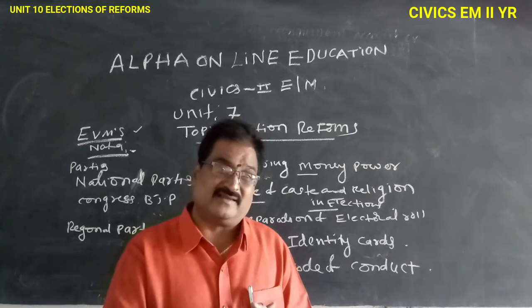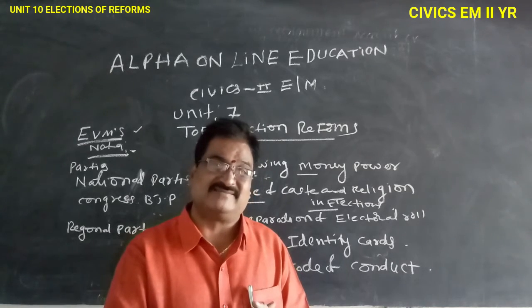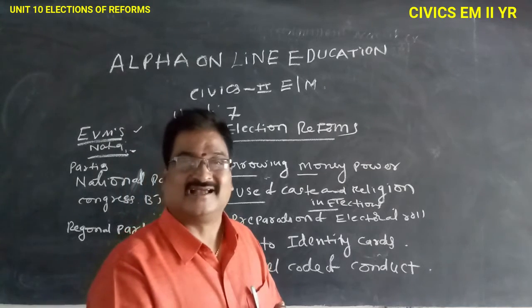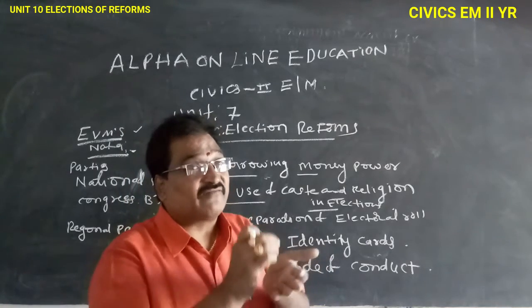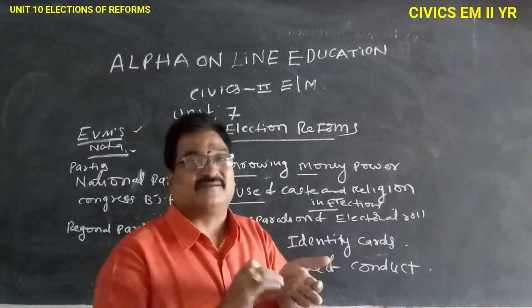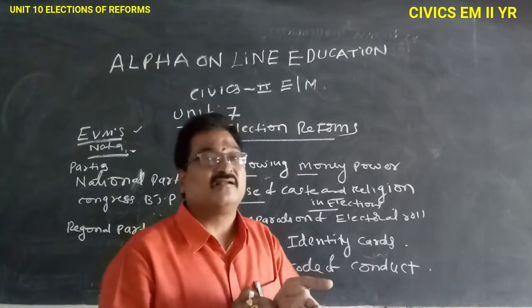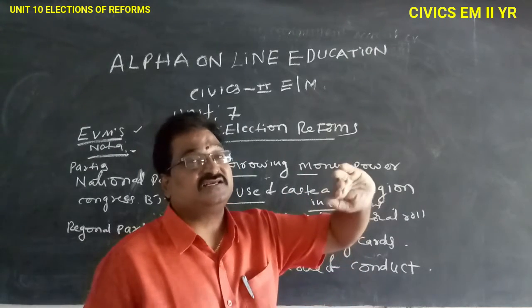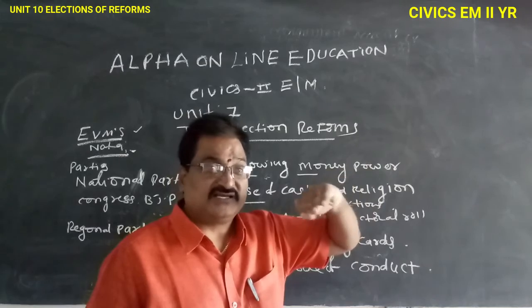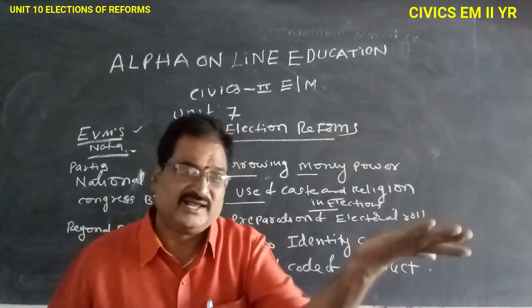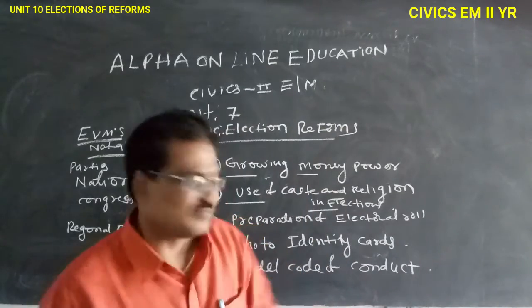Who completed the age limit of 18 years are the voters. At the time of enrolling, they submit a certificate, and the election commission, if he is eligible as a voter, gives the registration of voter.